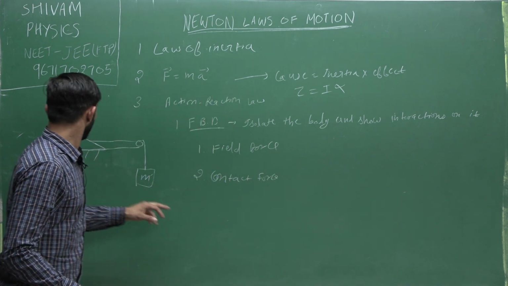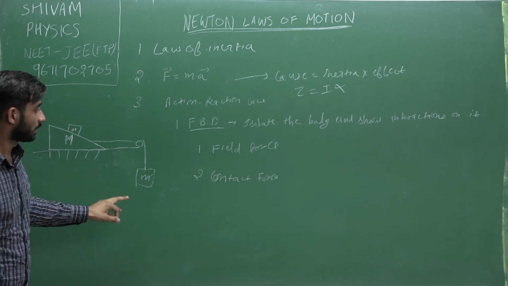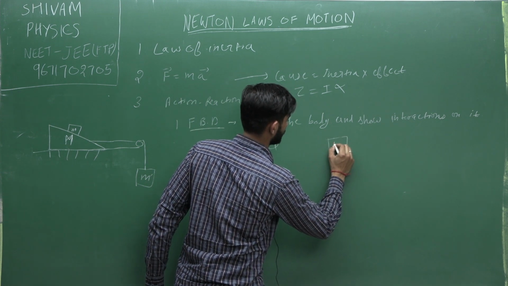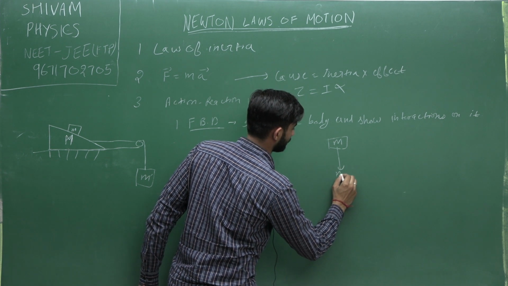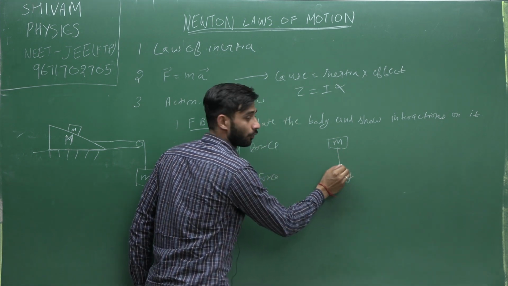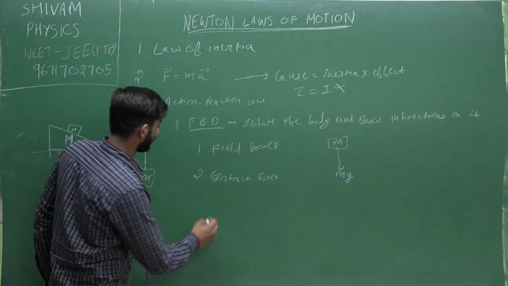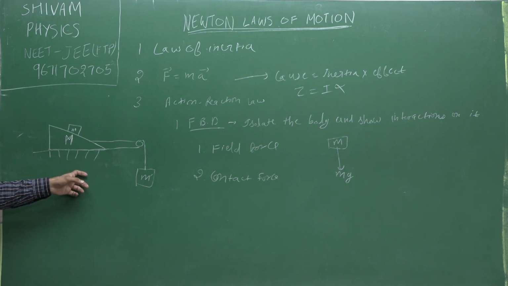Now see, the only field force acting here is the gravitational force. How does it act? It always acts in the downward direction. Suppose this is a body of mass m, then the gravitational force is mg, and it always acts downward. Second is the contact force. There are two types of contact force in the problem.